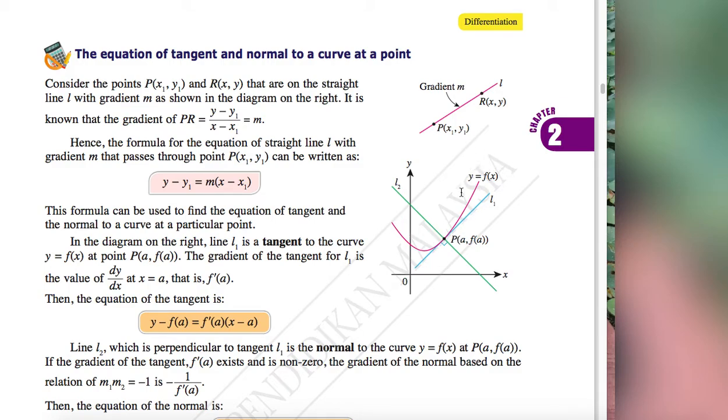After you find the gradient function, you are also given a point. So when you are finding the gradient at point A, it's a straight line, the blue color one. And if the question asks you to find the equation of the normal, it is the green color one.